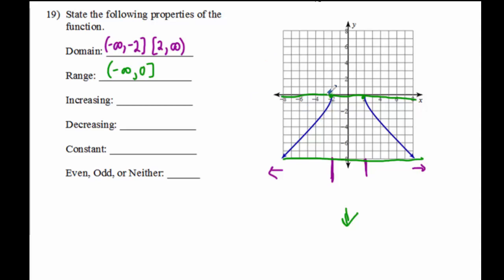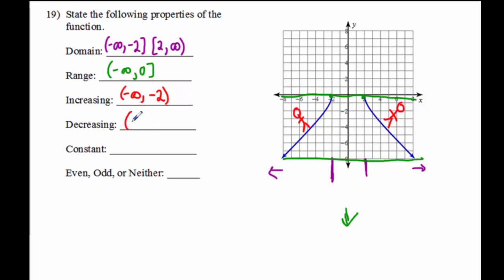We are increasing on the left side of this and we are decreasing on the right side because if we're walking to the right, this guy's walking uphill, this guy is walking downhill. Okay, because we walk to the right just like we read. So this is negative infinity comma negative 2. You can put a parentheses or a bracket there because that's how increasing, decreasing, and constant work.